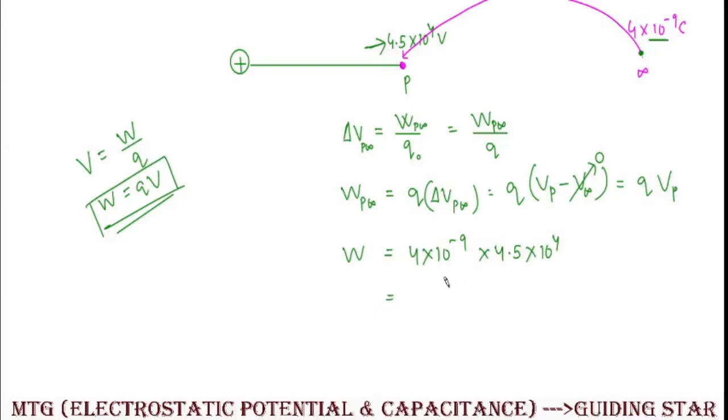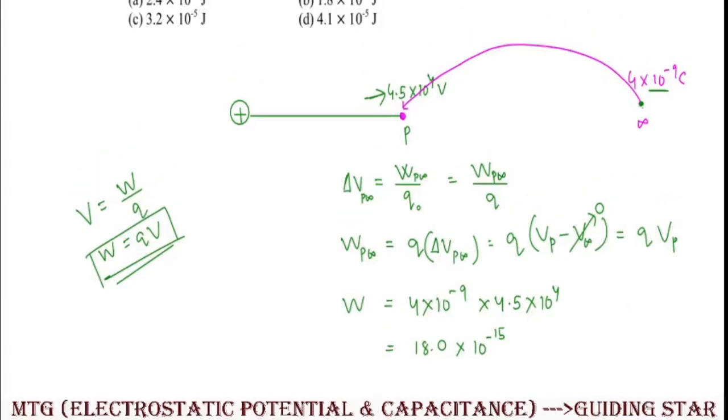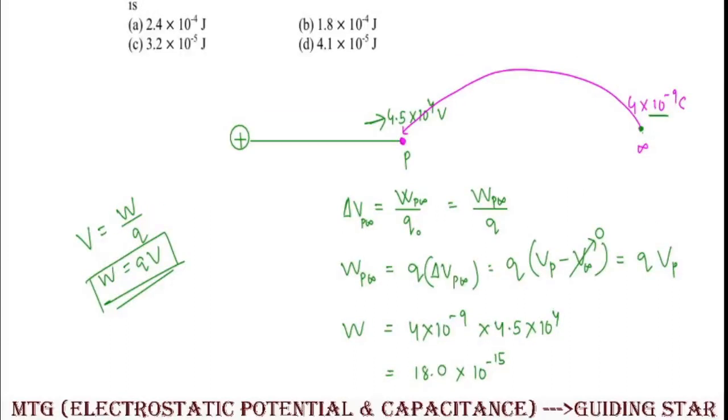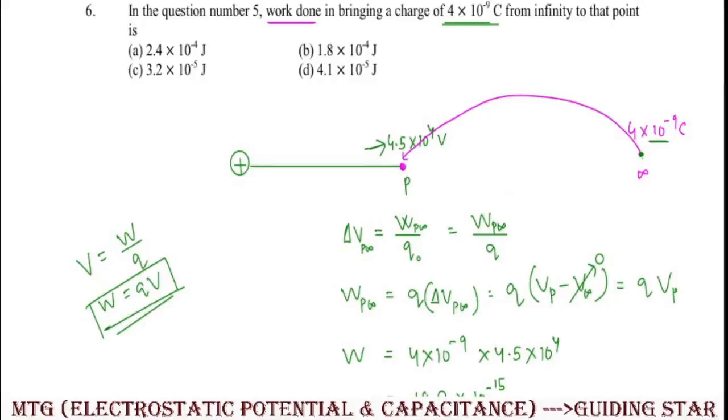So the value we get will be 18 into 10 to the power minus 5. Clear? So we get 18 into 10 to the power minus 5. Here the options are 2.4, this will be wrong. So 1.8 into 10 to the power minus 4. Okay, so here option B will be the correct one. If we shift the decimal a bit, the value becomes 1.8 into 10 to the power minus 4.